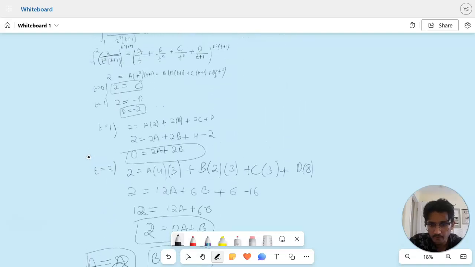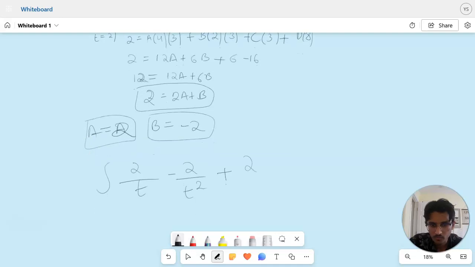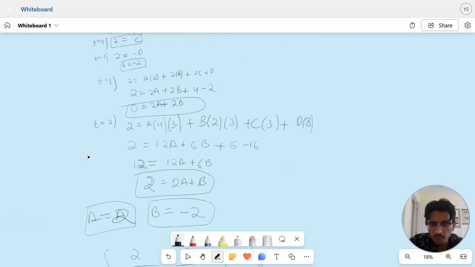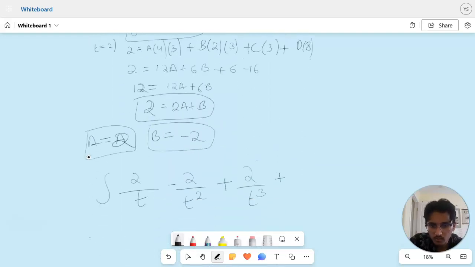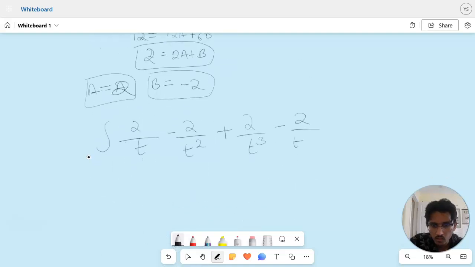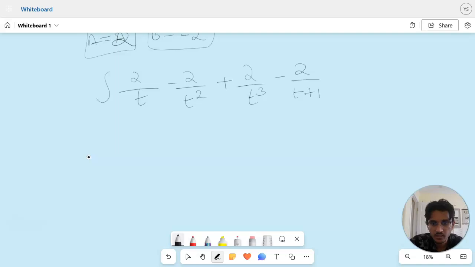C is going to be 2 over T cubed plus D. What is D? D is -2 over, what was it again? T plus 1.